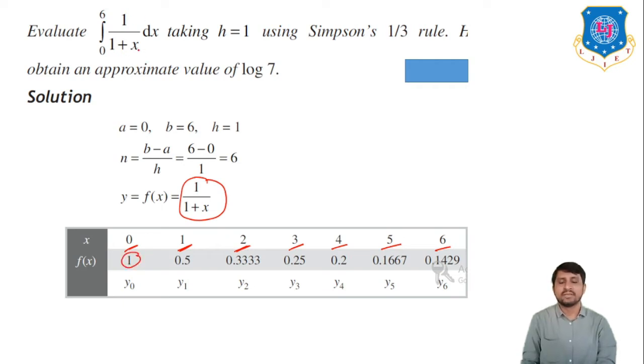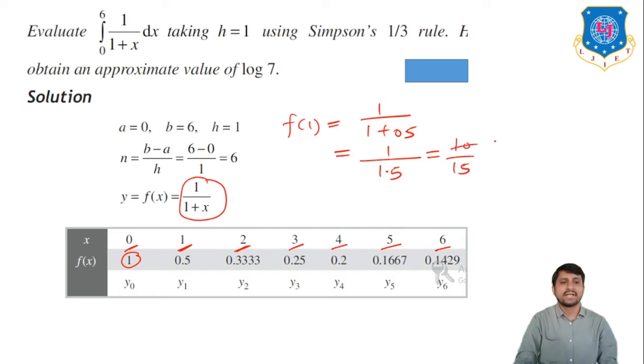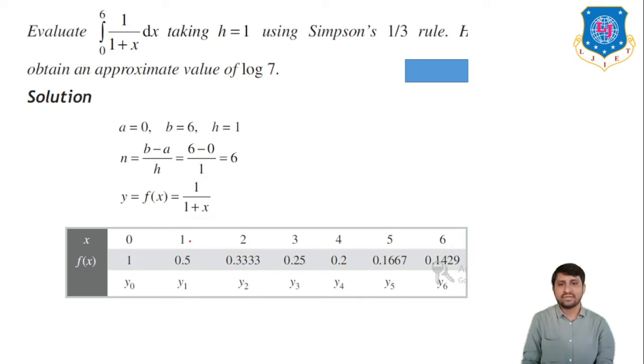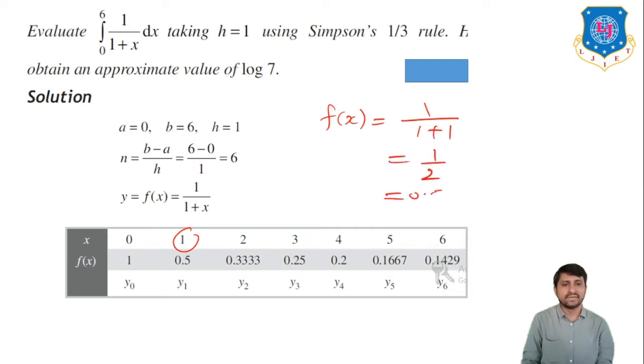Then for x equal to 1, f of x is 1 upon 1 plus 1, so 1 by 2, that is 0.5. I thought x was 0.5, but the value of f of 1 is 0.5.